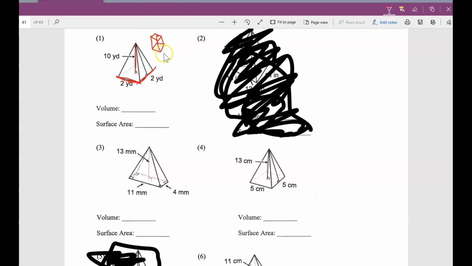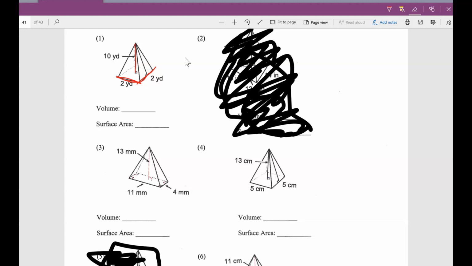But this is a pyramid, and the relationship between a pyramid and an identical prism is that we take the same volume formula and we divide it by 3. If you watched that other video, you will have noticed that a pyramid is proven to be exactly 1/3 the size of an identical prism.